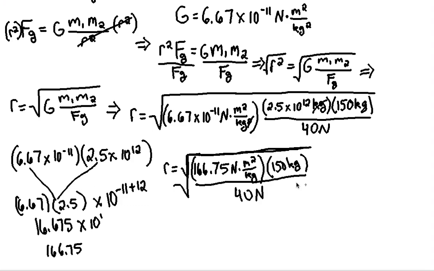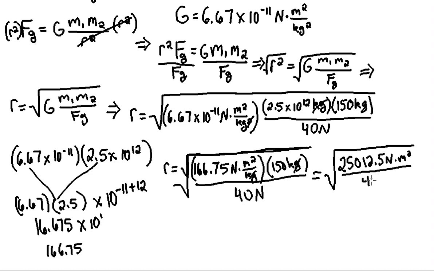So let's rewrite this one more time. Actually, probably two more times. So this is going to cancel out with this and this. I had 25,012.5. I still have a newton times a square meter. All divided by 40 newtons.